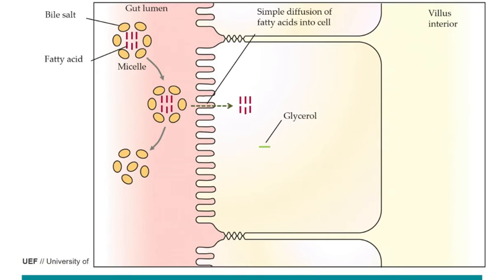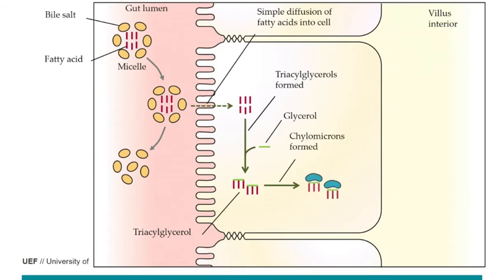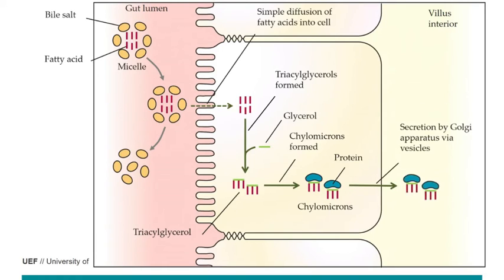Then these fatty acids are combined with glycerol to form triacylglycerol. And then this is bound with proteins to form chylomicrons, because these triacylglycerols are very hydrophobic. So we need some transporting mechanism to get them into the circulation.